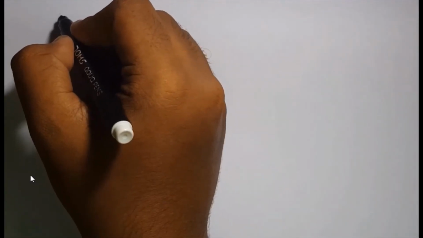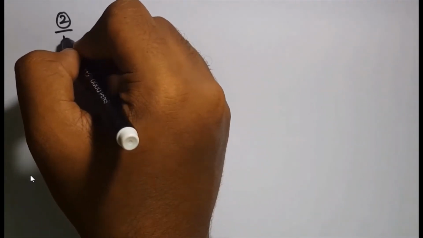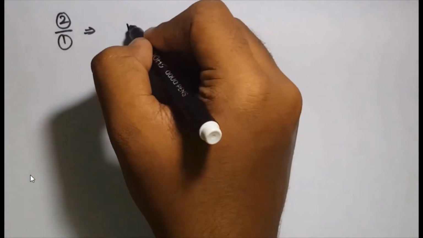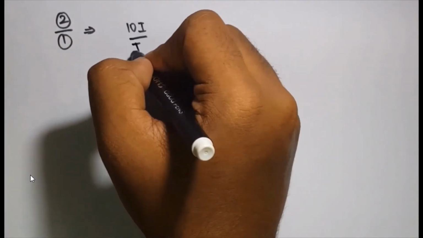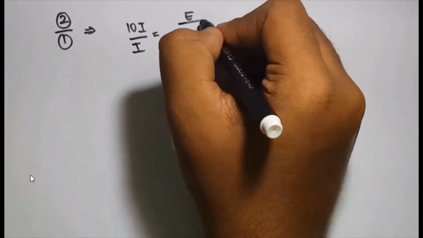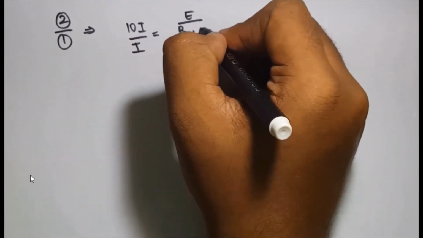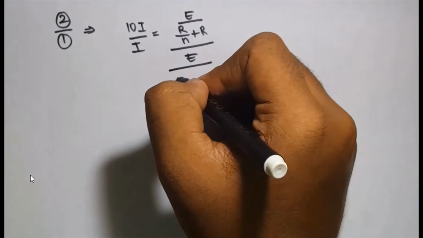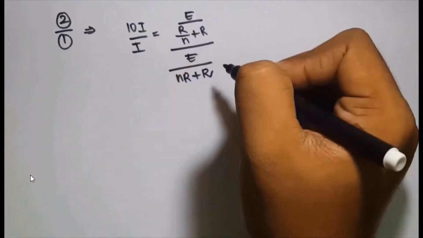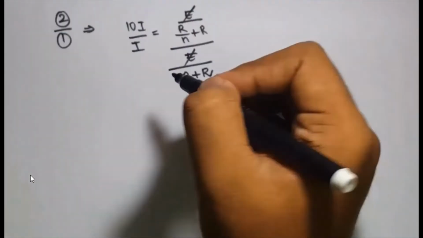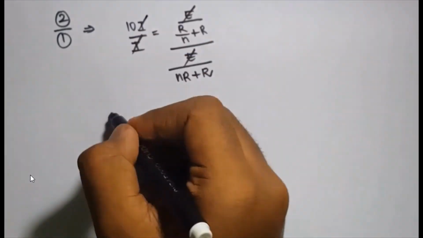By dividing the second equation by the first one, that is 10I by I equals E by (R by n plus R) divided by E by (nR plus R). So E and E get cancelled, I and I get cancelled.